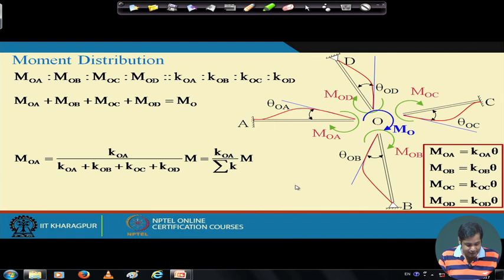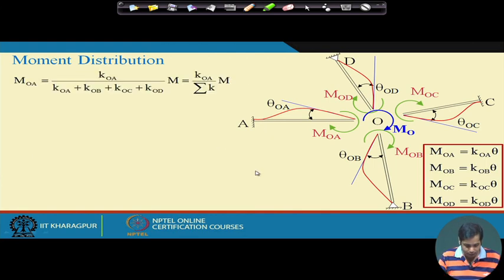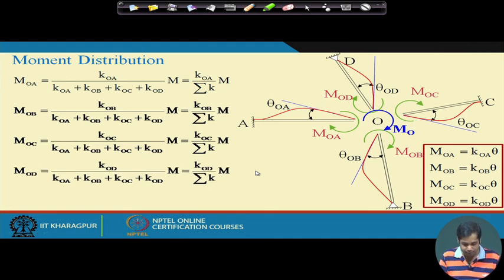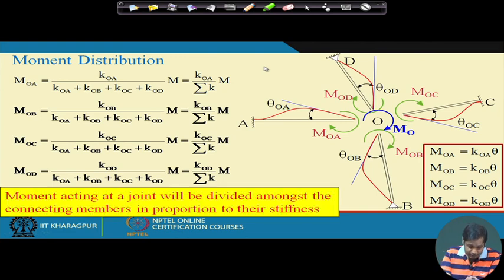Now, similarly, the expression we have obtained for MOA, we can obtain for other members as well. So, for the other members also we can have similar expressions. Okay. Now, what does this say?